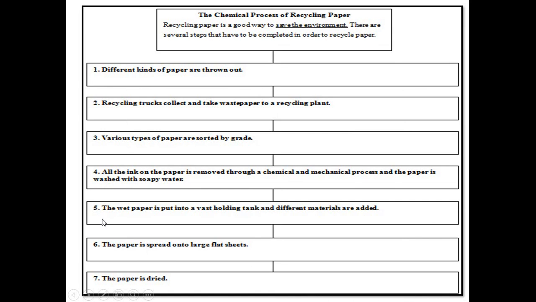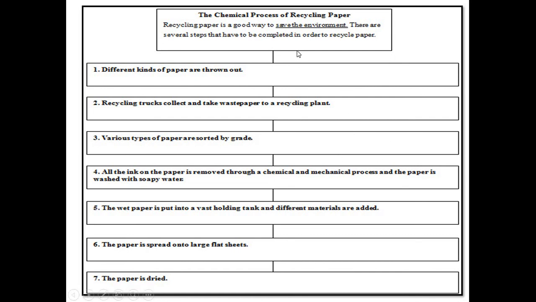Next, the fifth process is the wet paper is put into a vast holding tank and different materials are added. The sixth step is the paper is spread into large flat sheets. And the last one, which is the seventh process, is the paper is dried, the drying process.